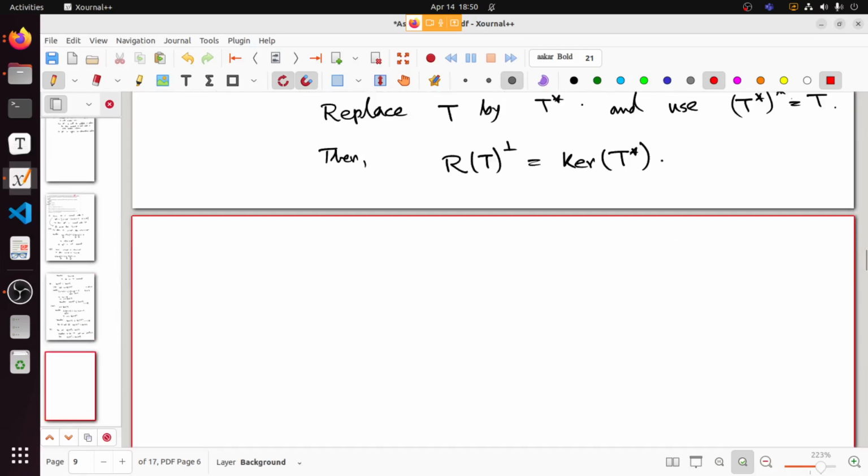So this is option number 4. Tv, v equals 0 for all v in V implies T is 0. So this is false.